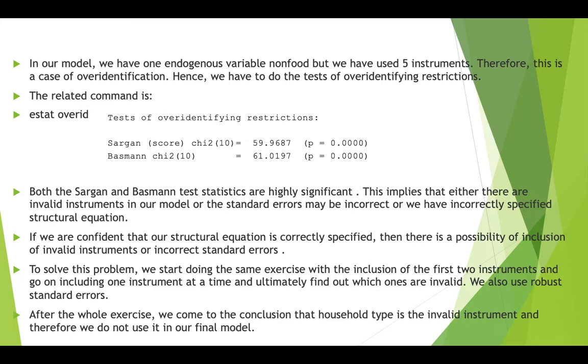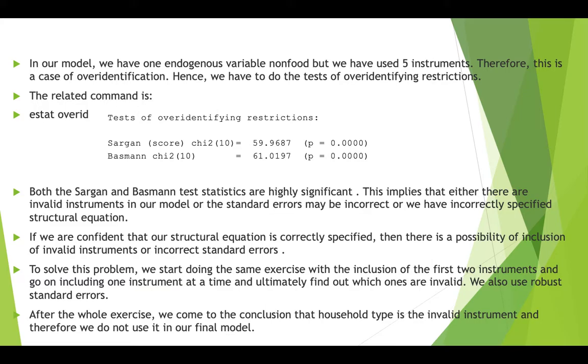To correct these problems, we will start using robust standard errors from now, and then step by step we will take the instruments and do the whole exercise again and again, and we will check whether the over identification tests are insignificant or not. The moment the over identification test is insignificant, we can come to the conclusion that our variables are correct.